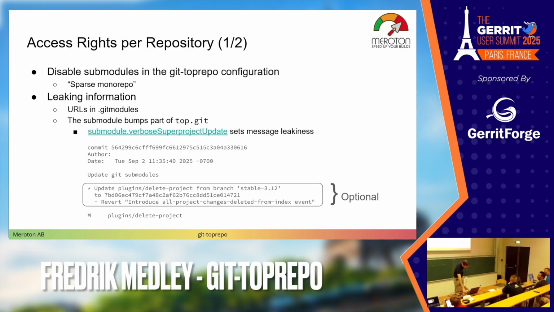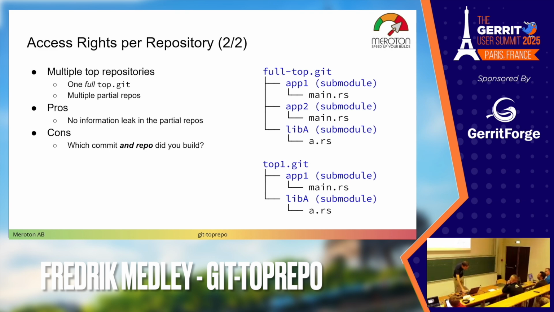It's a global configuration, as far as I know, unless it has been changed. Another way is to have multiple top repositories that have submodules, some with just a subset, but it's good to still have one that maybe admins access and which you can filter from.